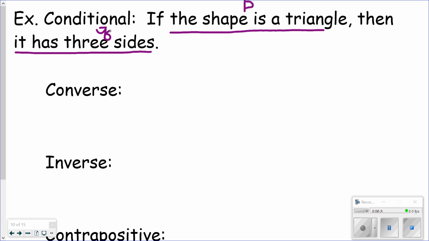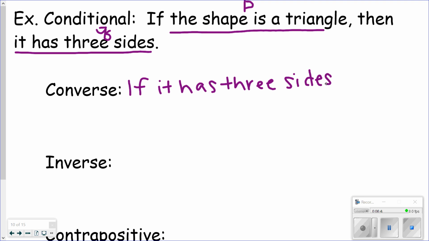I'm then going to write my converse. So if you look at your little chart from the previous slide, the converse was taking the P and the Q and flipping it around. So I'm going to have if Q, which Q is it has 3 sides, so if it has 3 sides, then our P statement, which the P statement is the shape is a triangle.